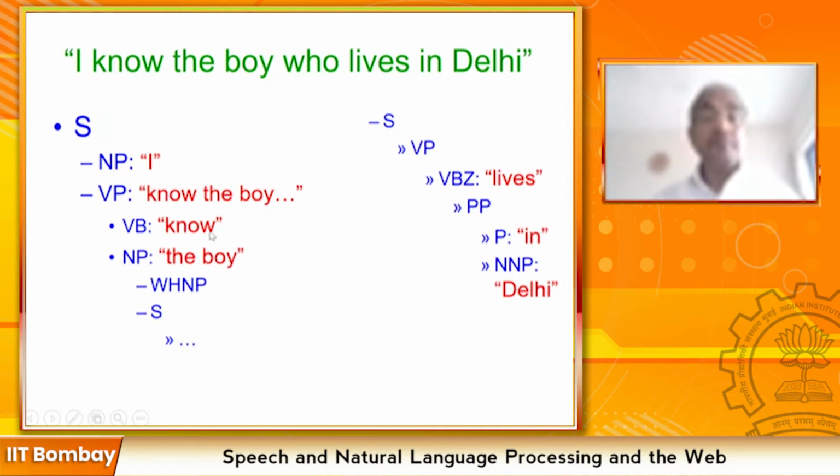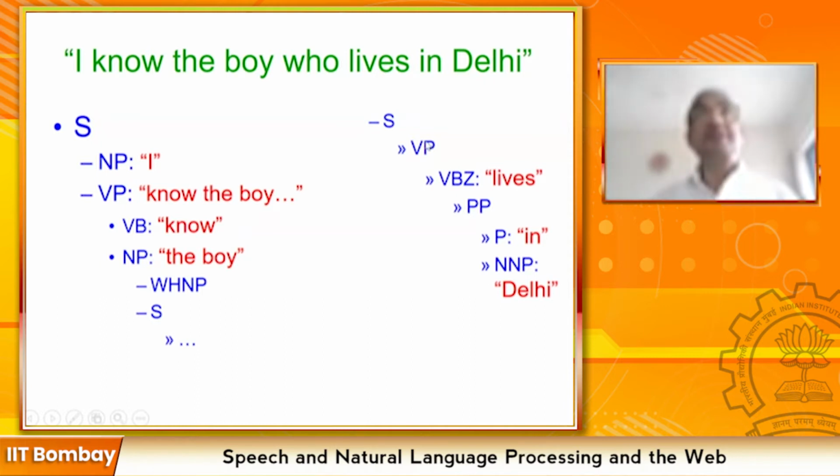Now NP has a structure with WHNP. So this who is given the label WHNP. This is to show that it is introducing a phrase or a sentence within the NP. And then there is an S, consisting of only VP. So we are dealing with only a verb phrase, lives in Delhi.